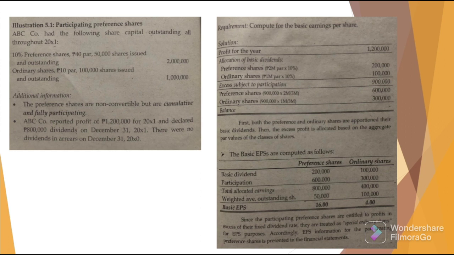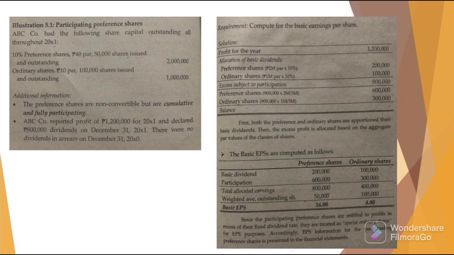And sa ordinary naman, ordinary shares, 10 pesos par, 100,000 shares issued and outstanding, that would give 1 million. And may additional information din na the preference shares are non-convertible but are cumulative and fully participating.